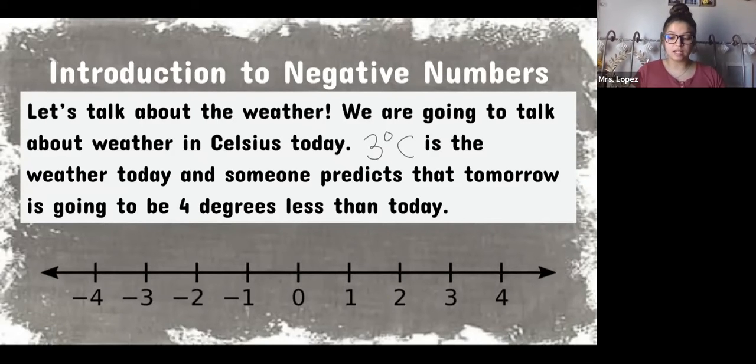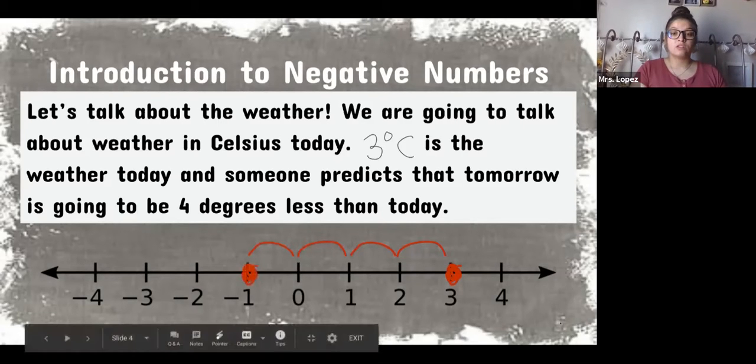So we have to go back 4 degrees. We have 1, 2, 3, 4. That brings us to negative 1.